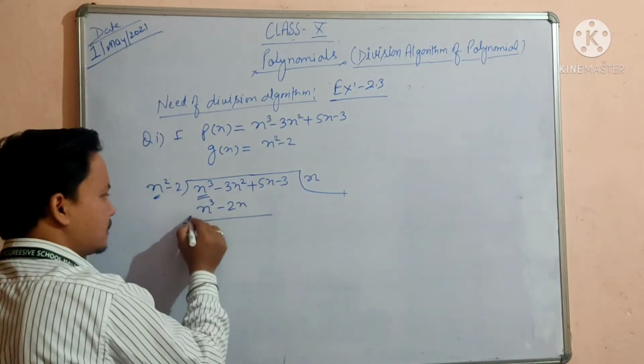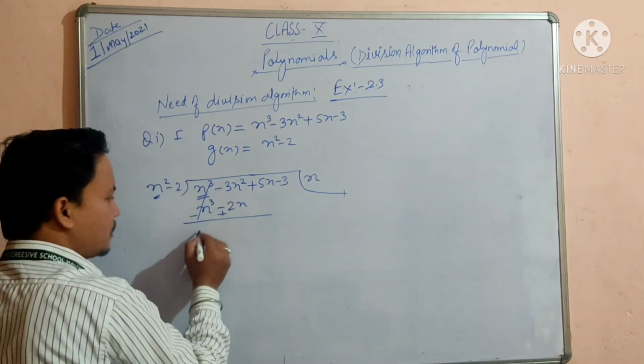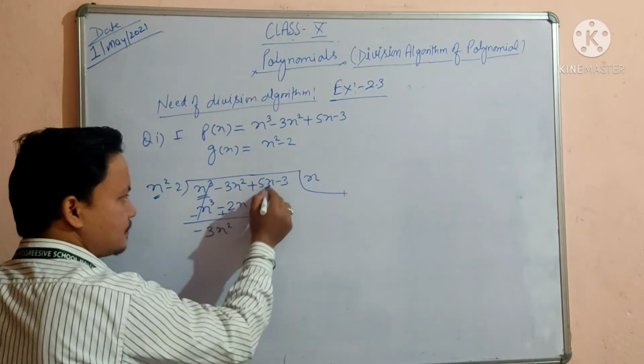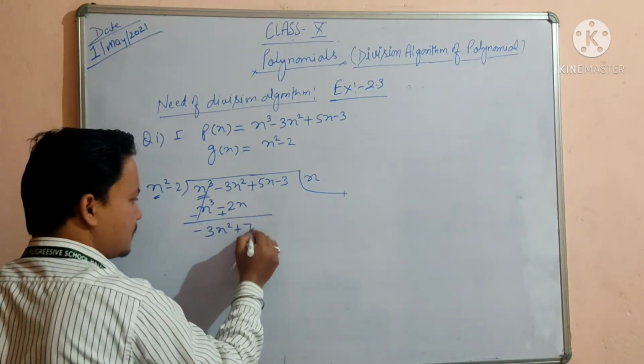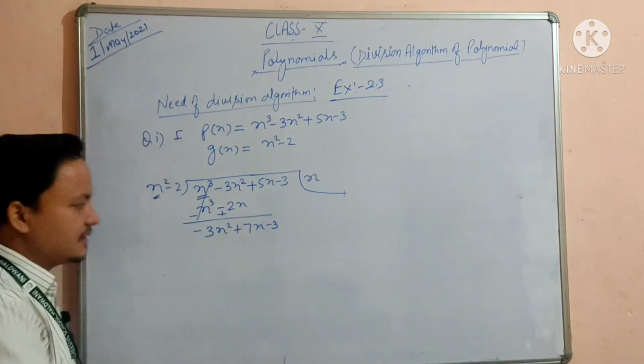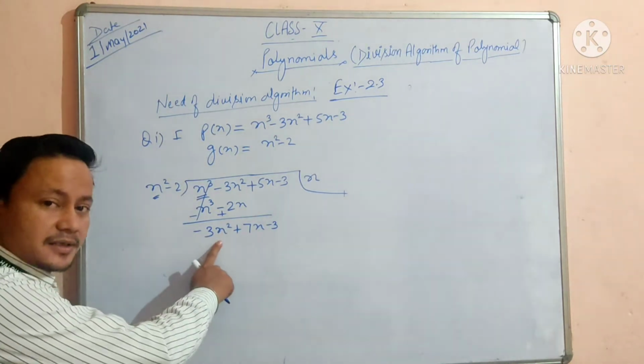Now subtracting, minus plus, this will be cancelled out. Okay, so we got from here minus 3x square plus 2x plus 5x, that will be 7x minus 3. Okay, now see the first term of here and here. Here is x square and here is minus 3x square.